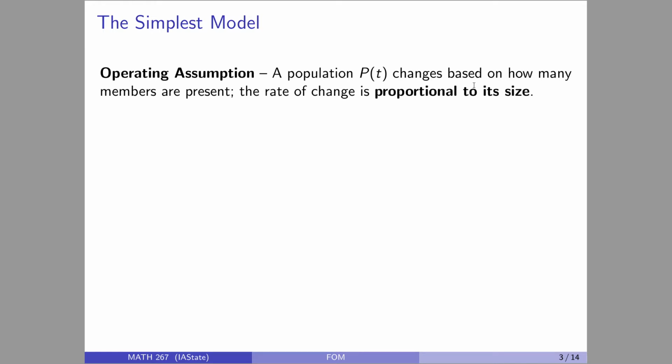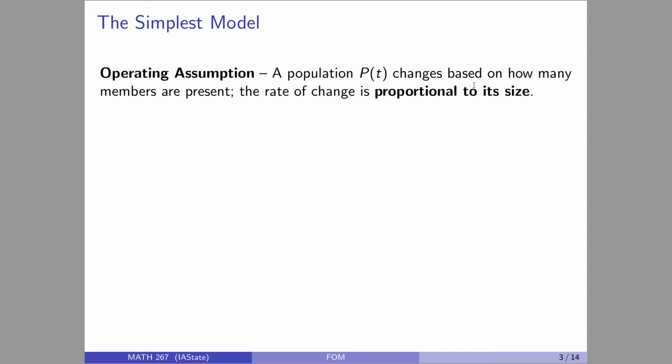Another way of saying that is, the rate of change is proportional to the size. If you think about the number of cells in a bacteria culture, the rate at which it's changing should depend on how many are there. If there's a lot there, then there's a lot of possibility for multiplication of cells. If there's not a lot, maybe it starts off a little slow.